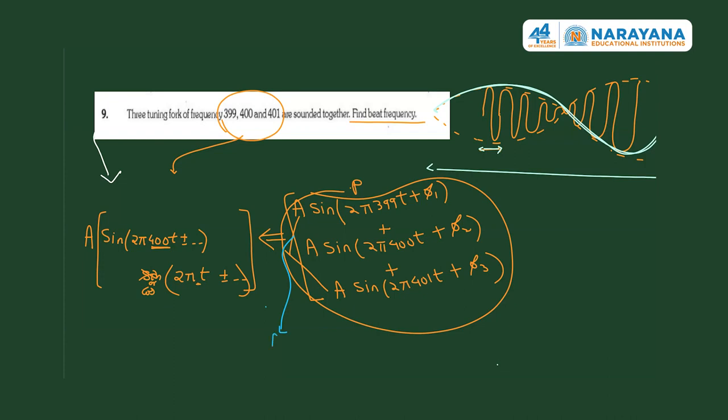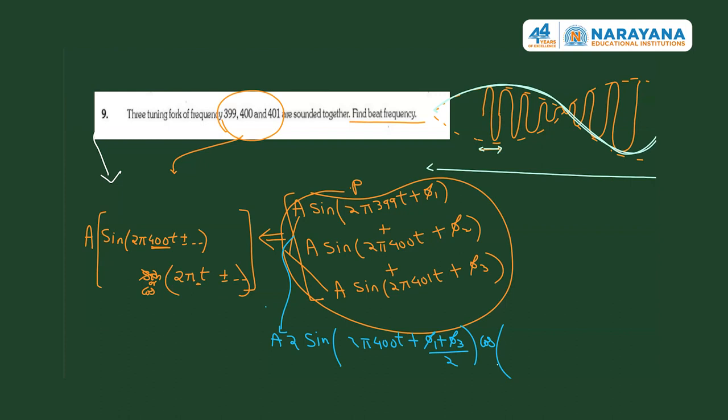I am just using sine a plus sine b, twice of sine of (a plus b) by 2. That term is 2 pi into 400t plus (phi 1 plus phi 3) divided by 2, and cos of (a minus b) by 2.